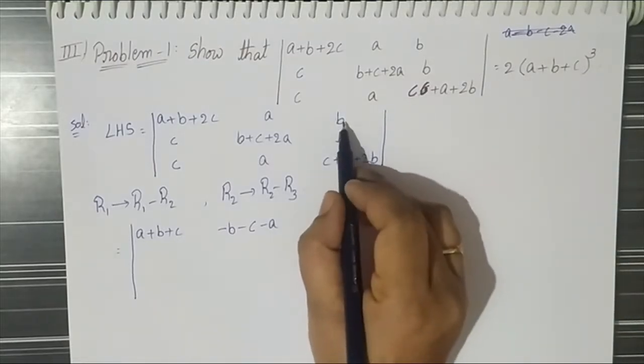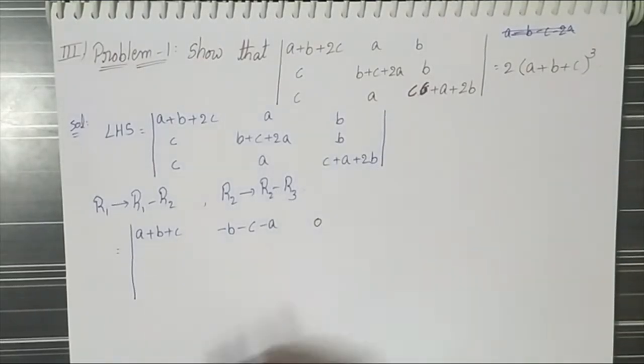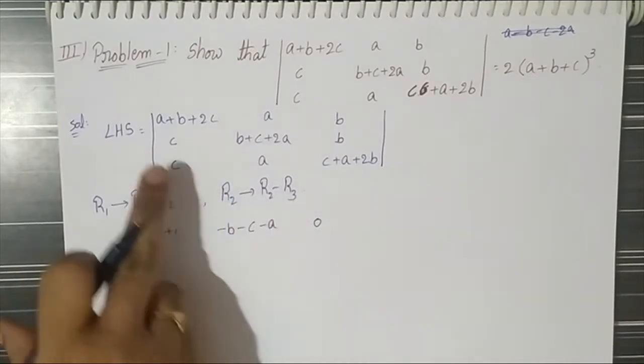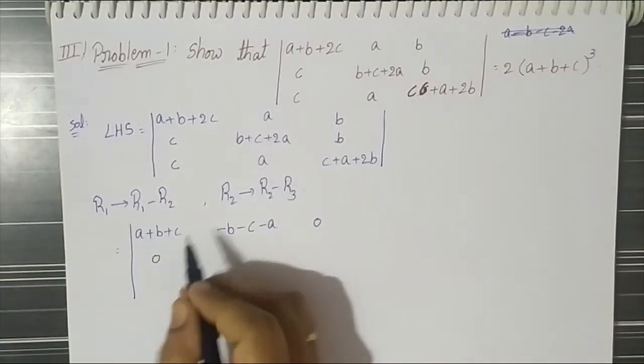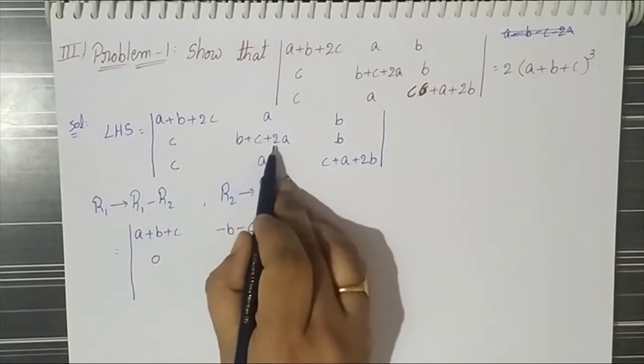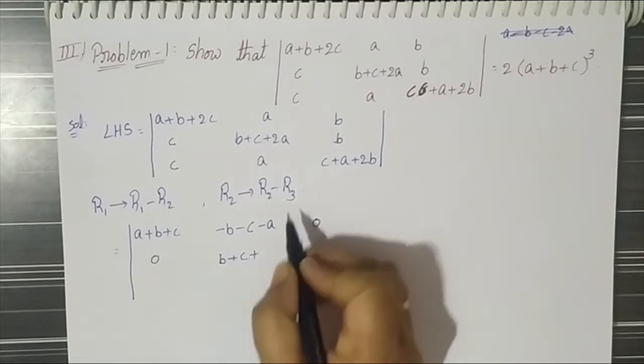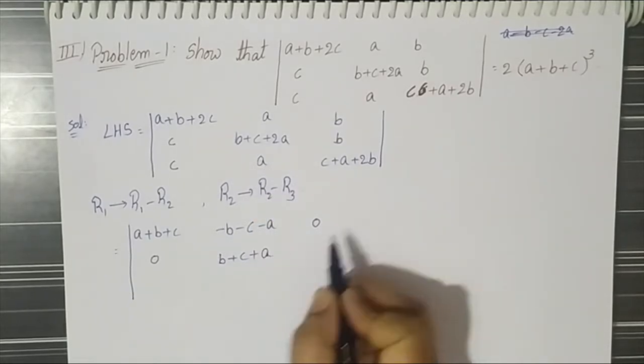Similarly, b minus b is 0. Here R2 goes to R2 minus R3: c minus c is 0, then b+c+2a minus a gives b+c+2a minus a plus a.